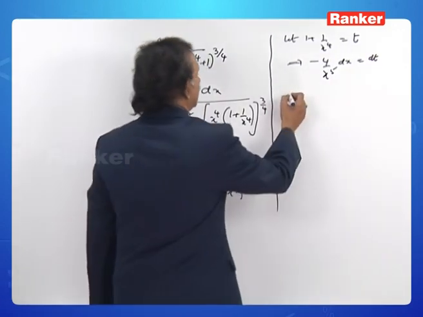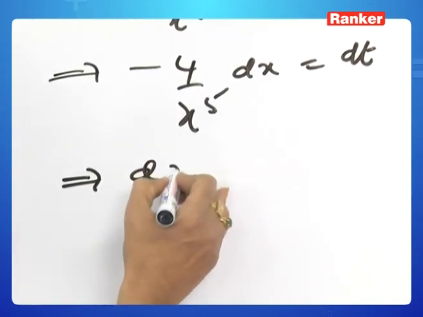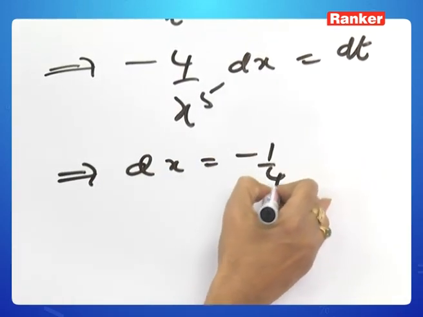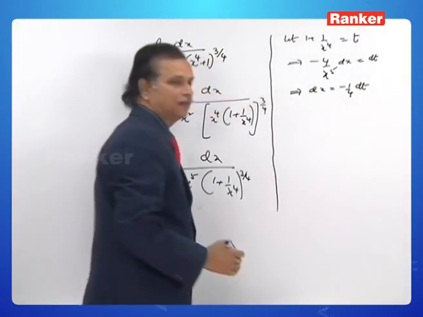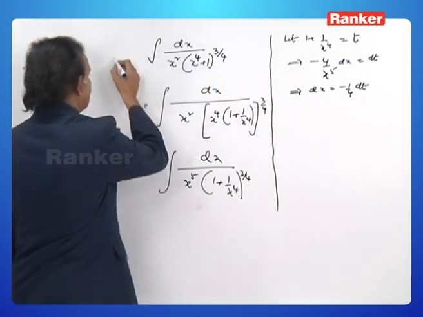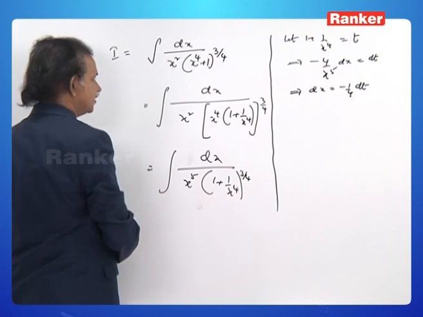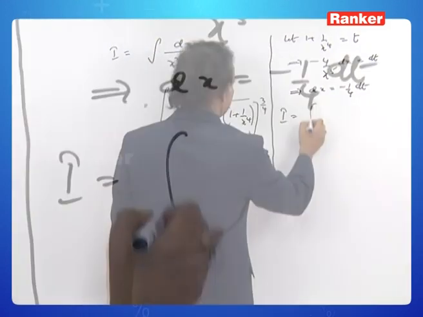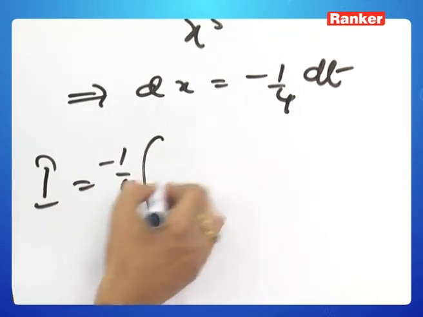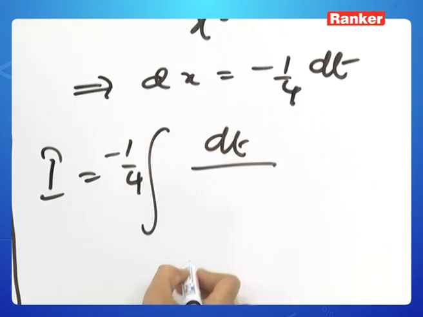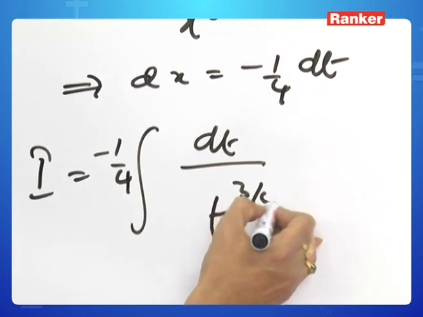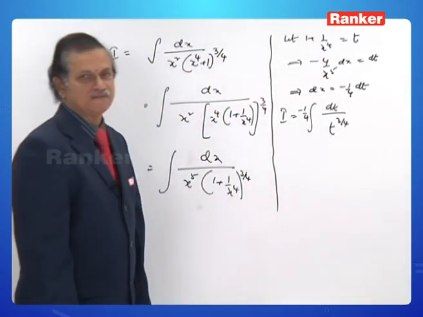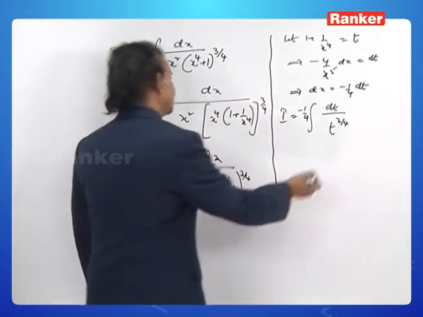Or otherwise, dx by x power 5 is equal to minus 1 by 4 dt. Well, this is the required integral. Now, I takes the form: I is equal to minus 1 by 4 into integral of dt by t power 3 by 4. Bring t power 3 by 4 to the numerator.